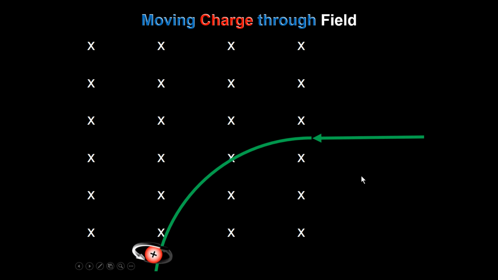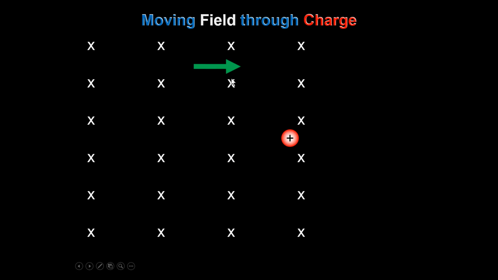Okay? But the complicated thing is that motion is relative. So if I had a charge that is stationary, and instead of moving the charge this way, we took the magnetic field and moved it that way.